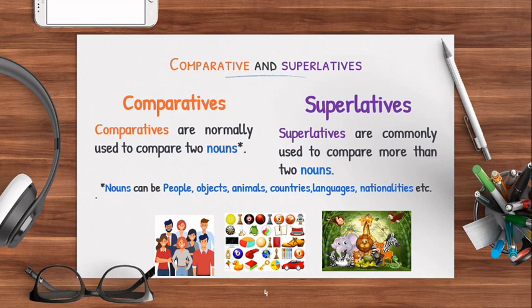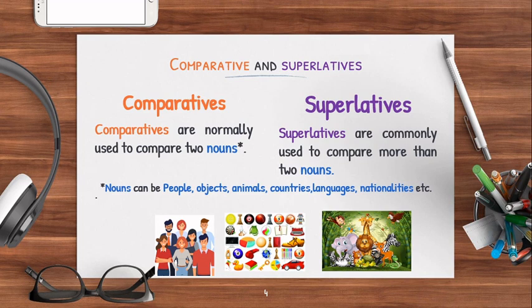For example, the lion is the wildest animal in the jungle, let's say. So it's the wildest. And the elephant is the biggest animal in the jungle, let's say.